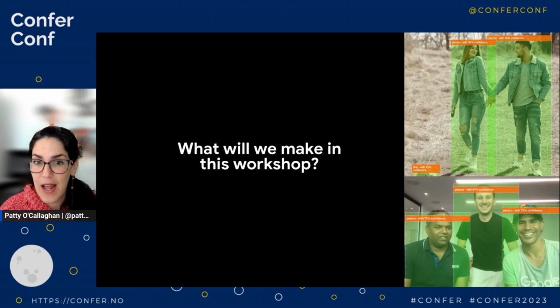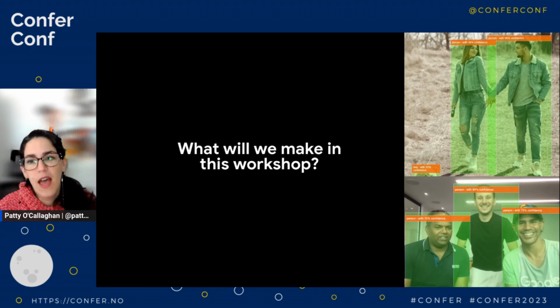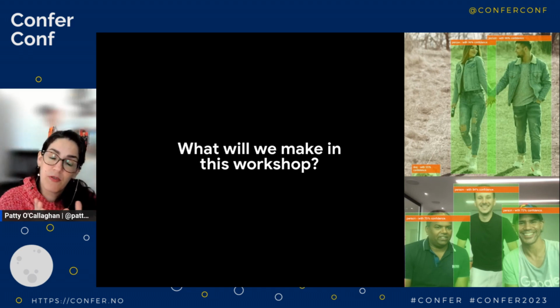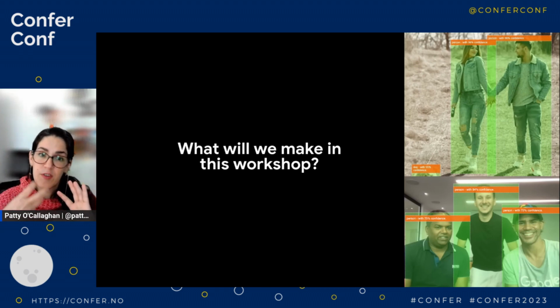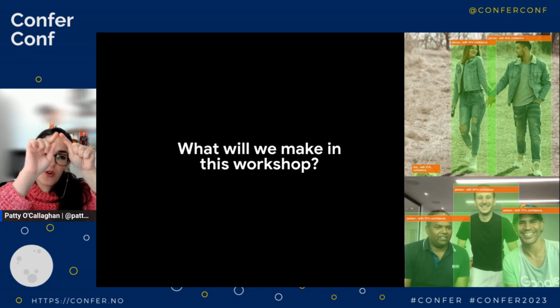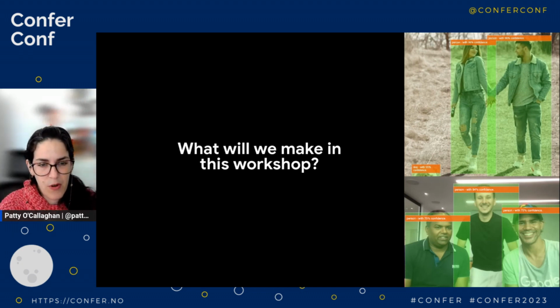So, what is it that we're going to be doing in this workshop? Basically, we are going to use a pre-trained TensorFlow.js model that is called Coco SSD. What it does is that it detects objects, it can be in a picture or it can be in a webcam stream, and it will draw bounding boxes around them.